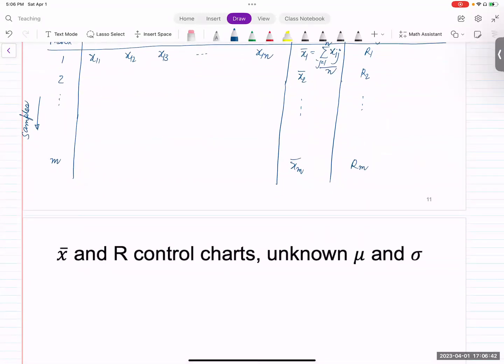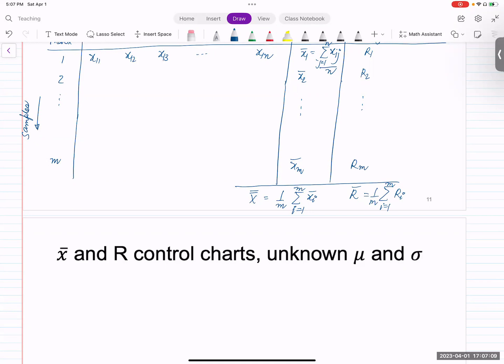And then finally, we'll compute the grand average and then the overall range. So the grand average is x double bar, which is 1 over m times the summation of xi bar, i equal to 1 to m. And then r bar is equal to the summation of ri, i equal to 1 to m, divided by m.